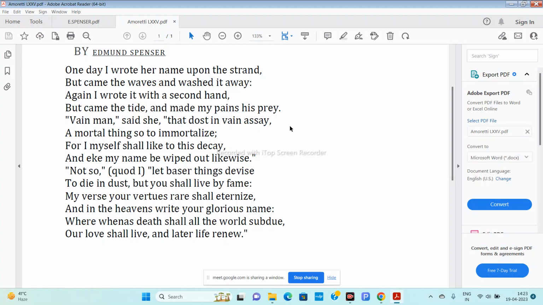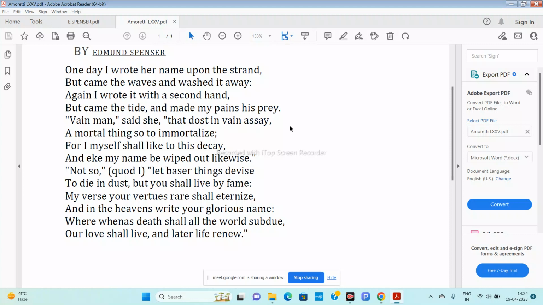So baser things, meaning things which are of an inferior quality, which actually are not so beautiful or so grand like you.